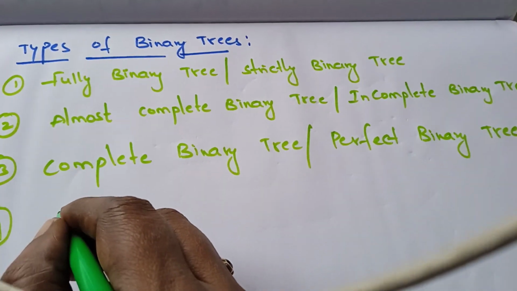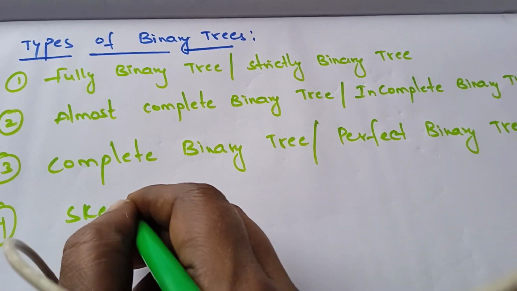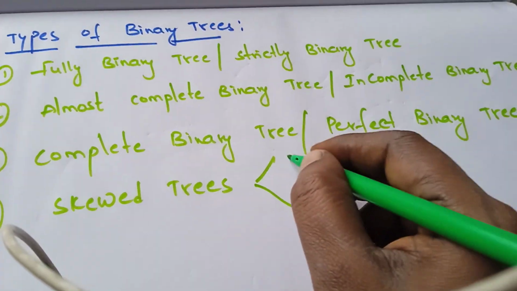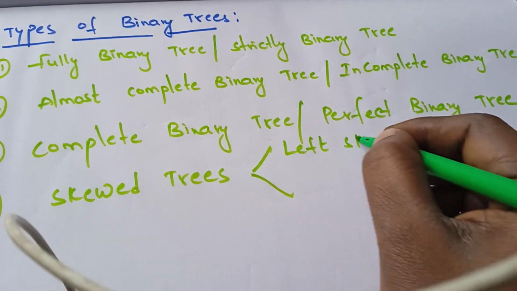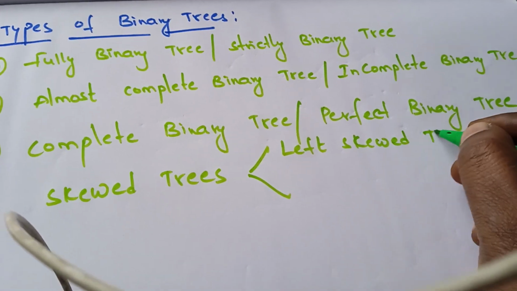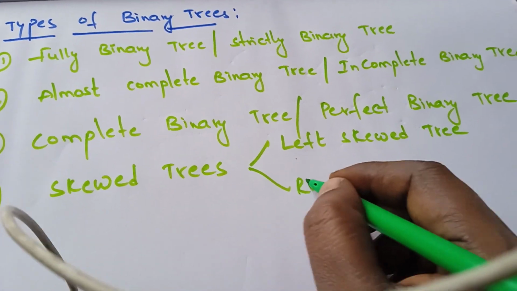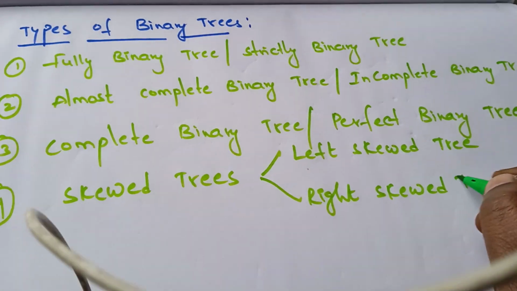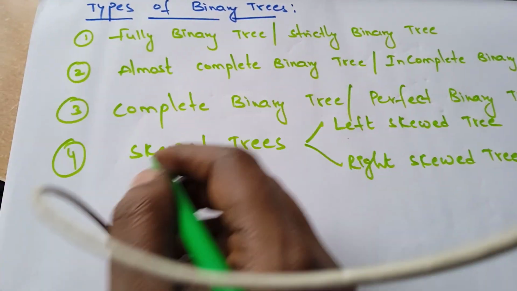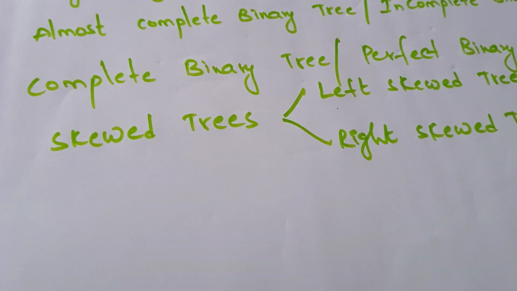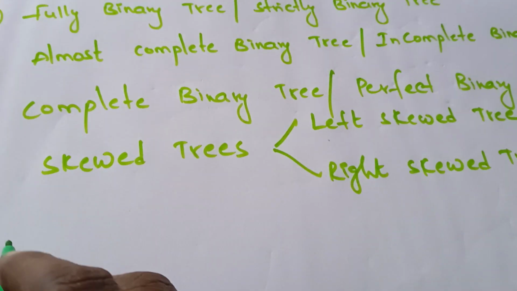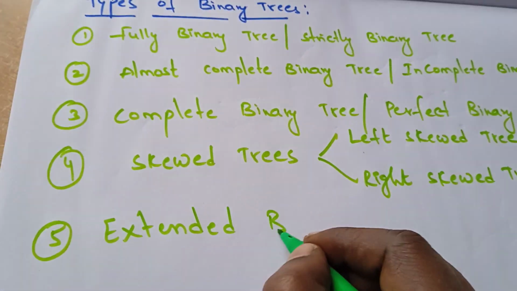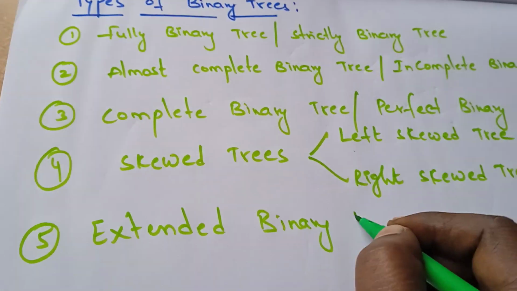The next is skewed tree: left skewed tree and right skewed tree. And the fifth is extended binary trees.